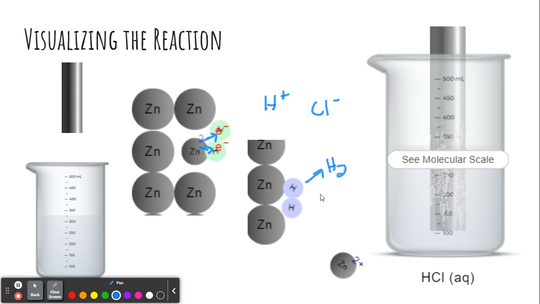And this is what's going to leave as the H2, and that leaves behind the zinc ions that are now dissolved in solution and no longer a part of the solid structure. So what we see in the reaction is bubbles form, which is the formation of the H2 gas, and then what's left behind is the zinc chloride that's left over.